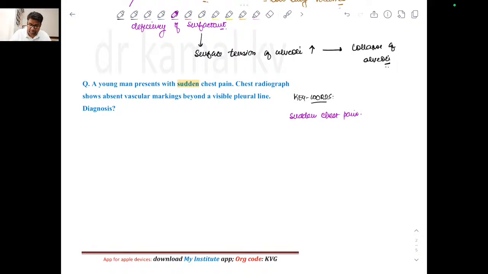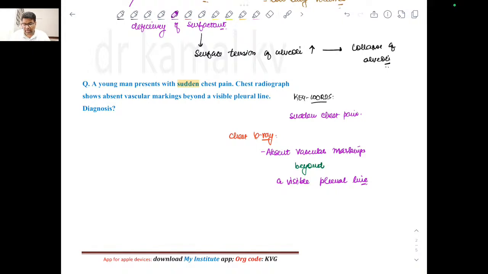There is sudden chest pain, and chest X-ray, what is it showing? It is showing absent vascular markings beyond a visible pleural line, right?